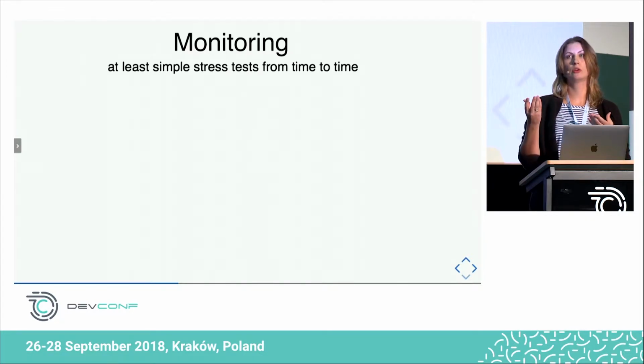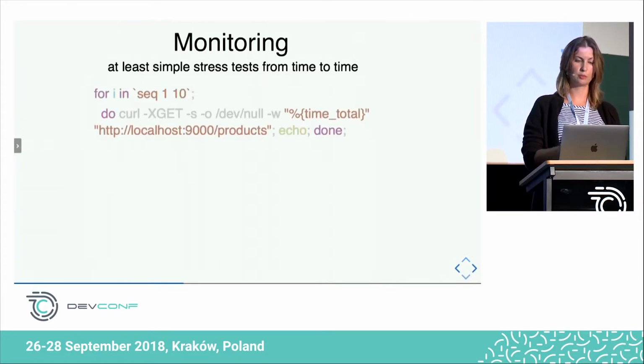If you don't want to spend too much time investing in automated tests, you may simply do some manual stress tests from time to time, especially if you want to introduce some performance improvement, then to have some benchmarks and some numbers to compare with.